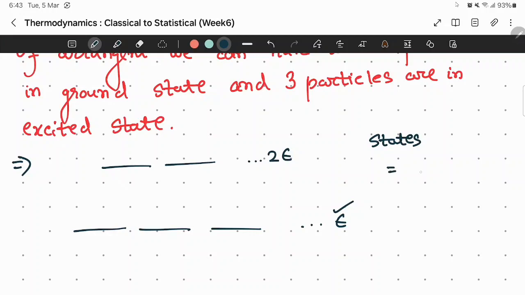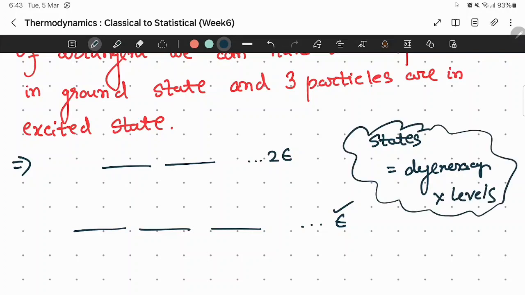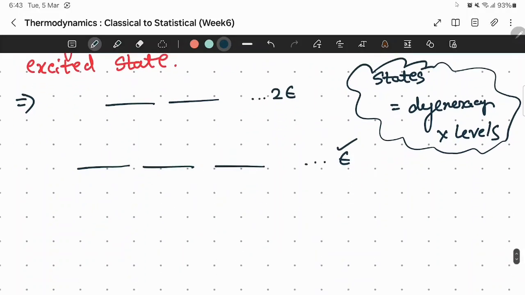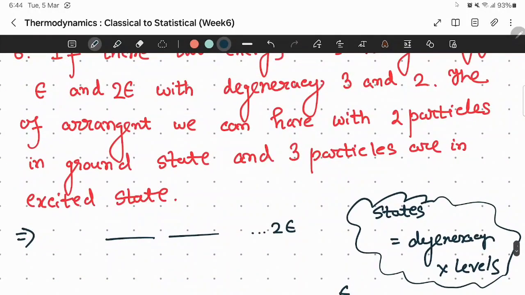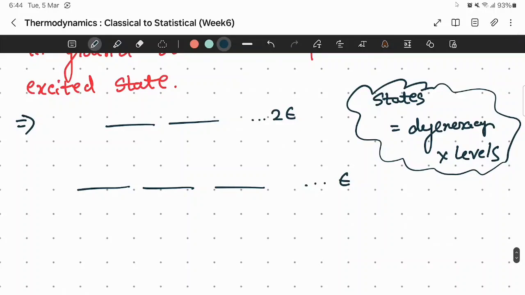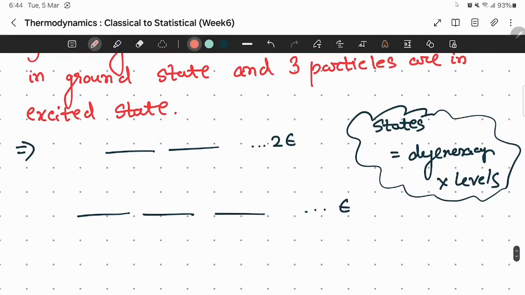States equals degeneracy into levels. Now what they have said is that we have to put two particles in the ground state, in this epsilon, and three particles in the excited state.